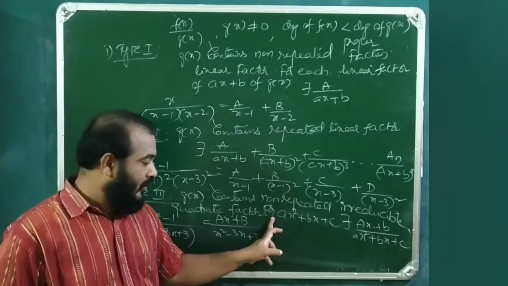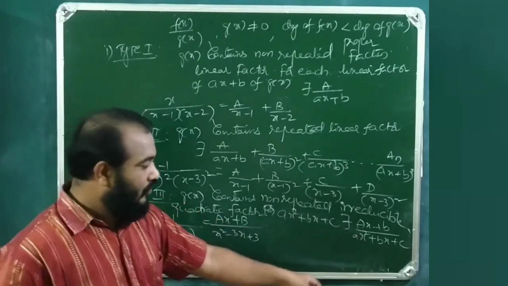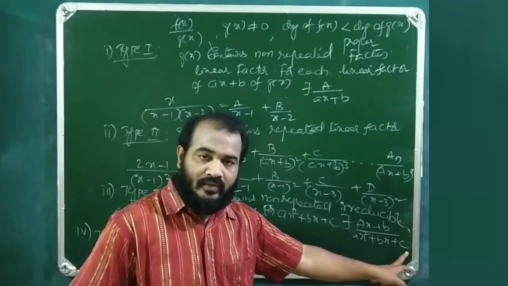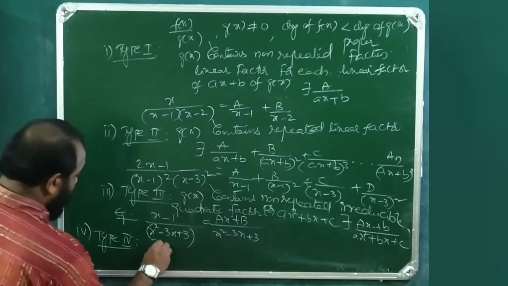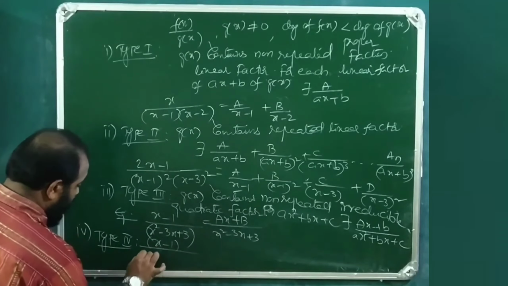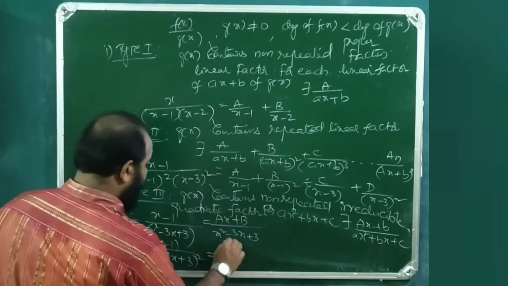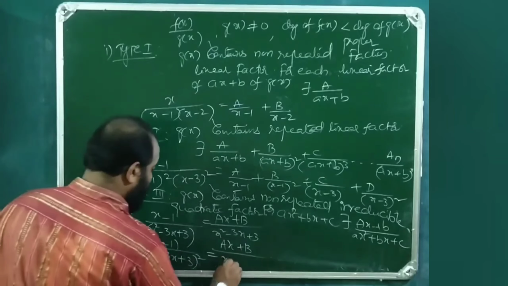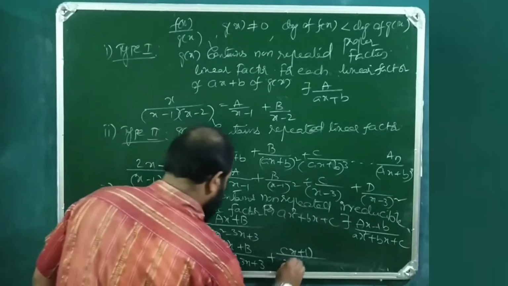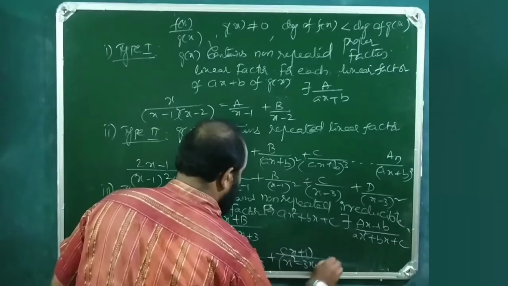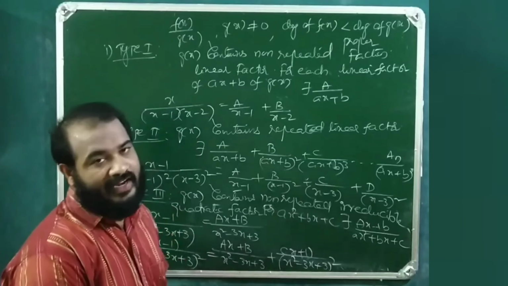For a repeated irreducible quadratic factor of ax square plus bx plus c, there correspond partial fractions of the form (Ax plus B) by (ax square plus bx plus c), (Cx plus D) by (ax square plus bx plus c) whole square, etc. For example, (x minus 1) by (x square minus 3x plus 3) whole square is (Ax plus B) by (x square minus 3x plus 3), plus (Cx plus D) by (x square minus 3x plus 3) whole square, and so on. So here A, B, C, D are to be evaluated.